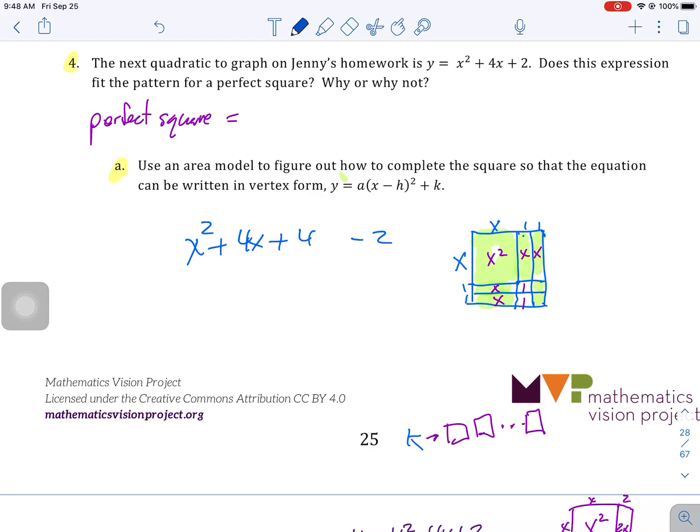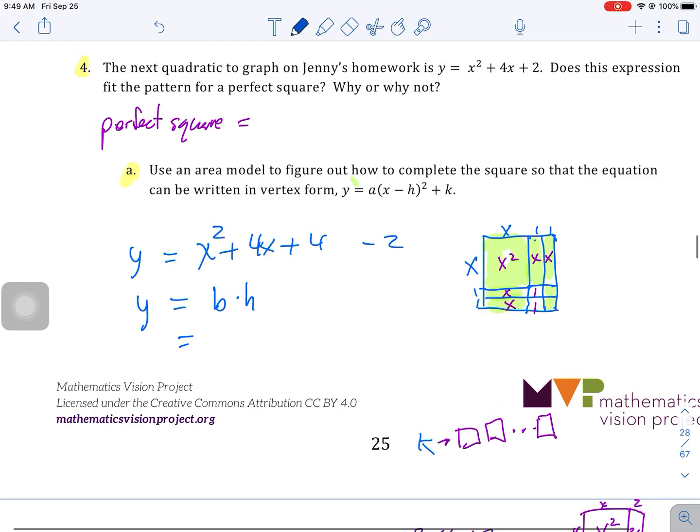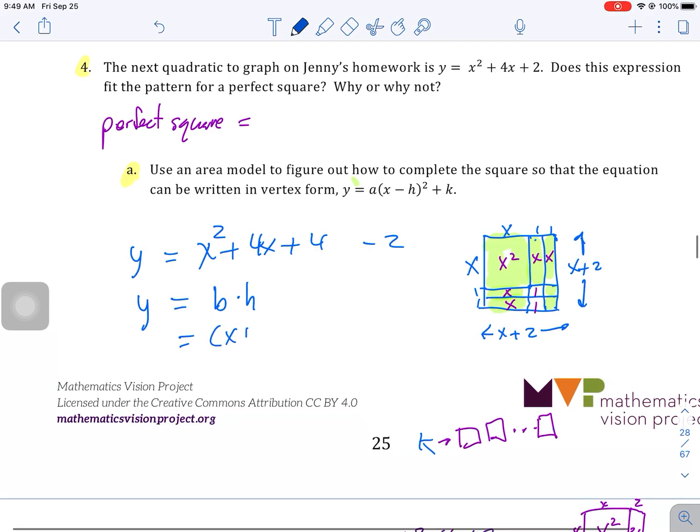Another way to think of this is base times height. The base is x plus 2, and the height is x plus 2. So x plus 2 is the base, x plus 2 is the height.